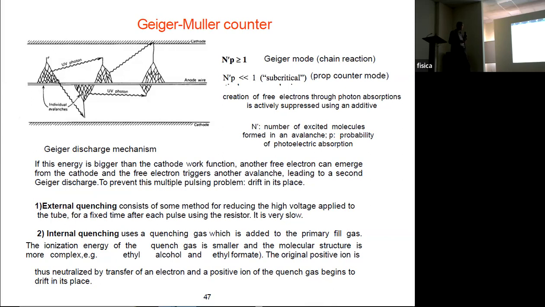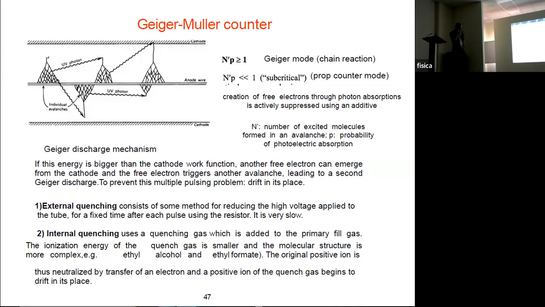In this case, these ions are neutralized by transfer of electrons, and using these gases, you can stop the avalanche.